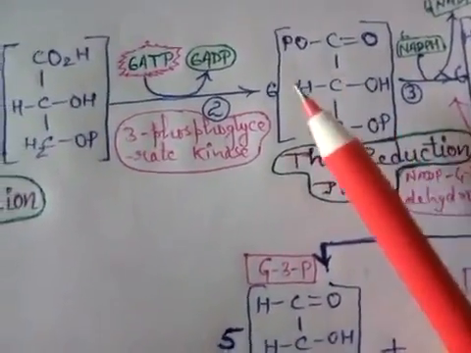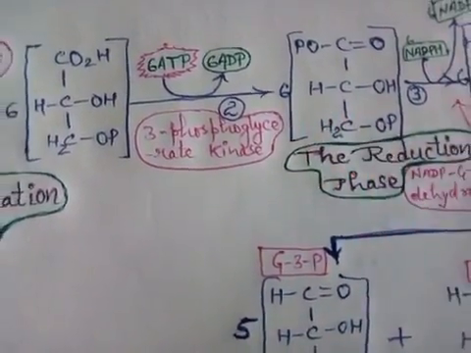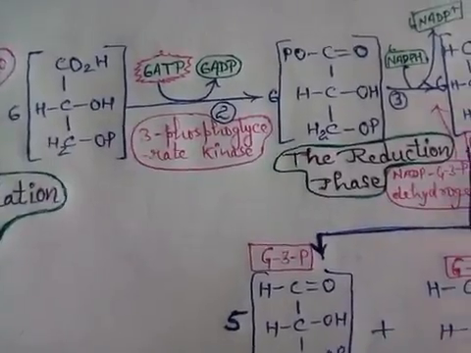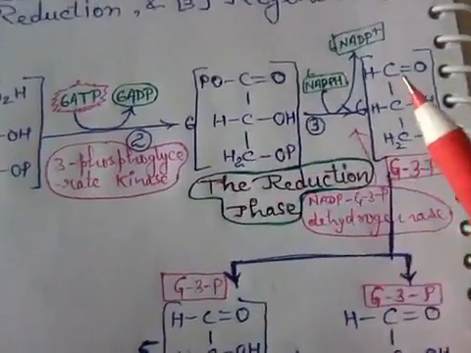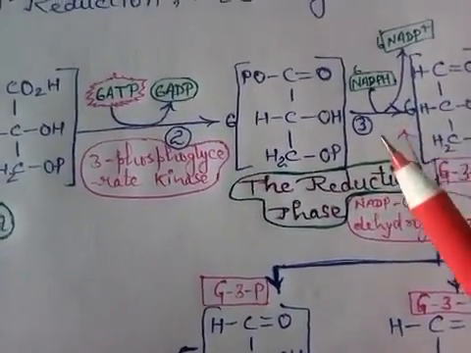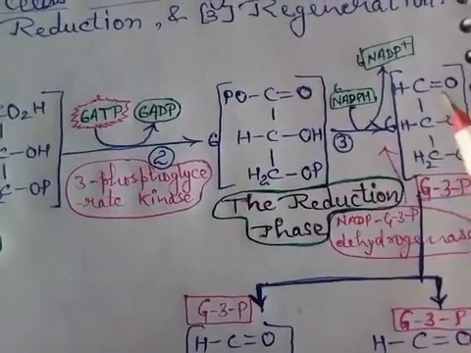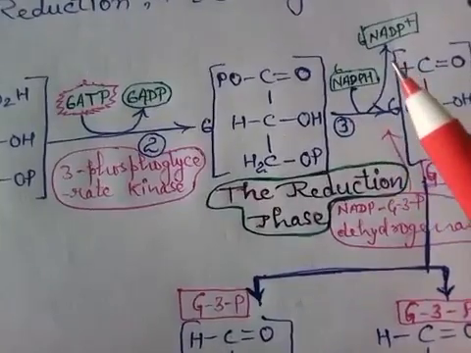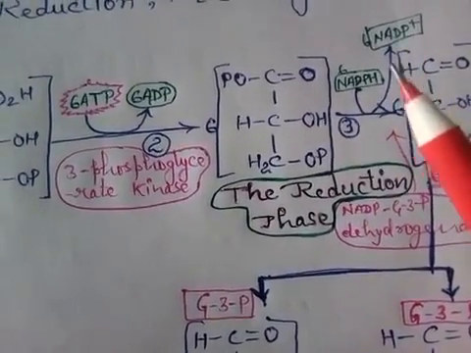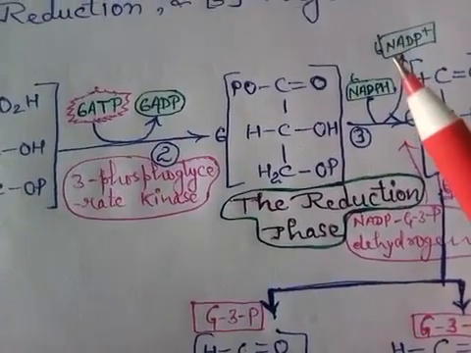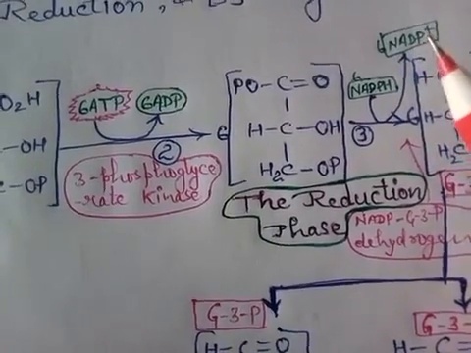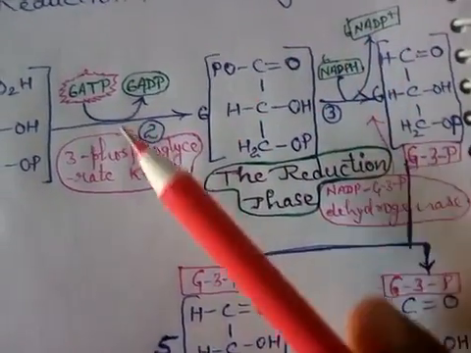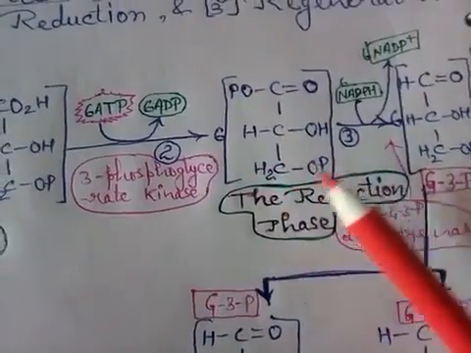Further, these 6 molecules of 1,3-bisphosphoglycerate are converted into glyceraldehyde 3-phosphate. Here 6 NADPH are utilized and converted into 6 NADP plus, that is reduced. So in the reduction phase this energy is utilized.